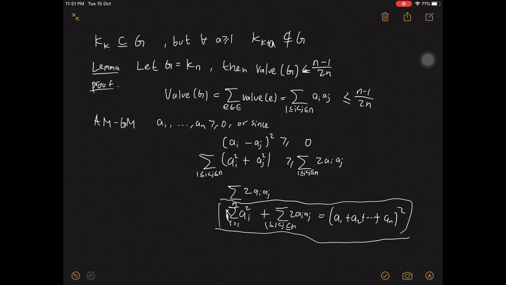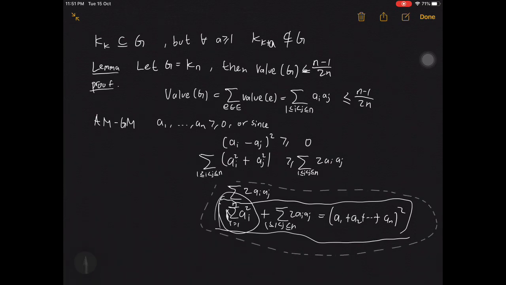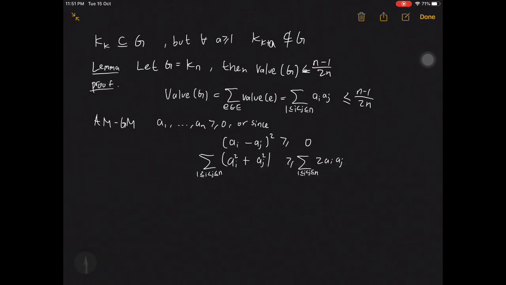So first, I want to simplify the left hand side to be the expression over here. So the expression on the left, we can simplify it, becoming a sum from i equals 1 to n.